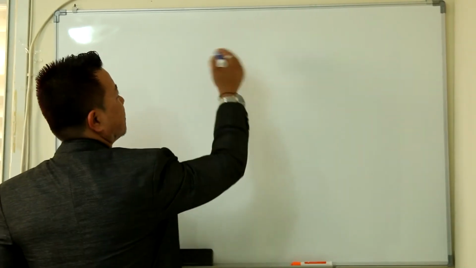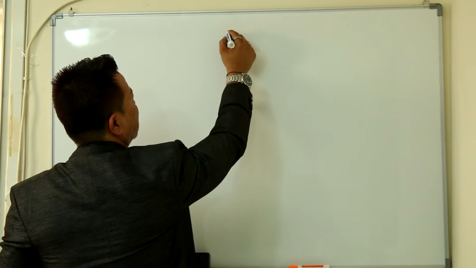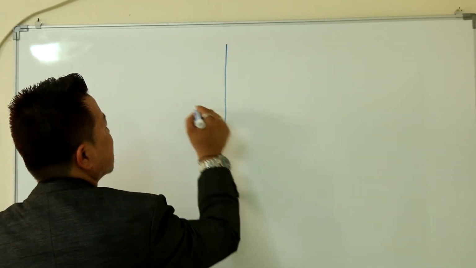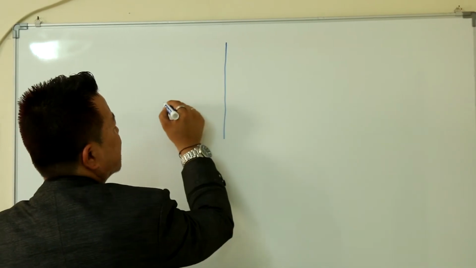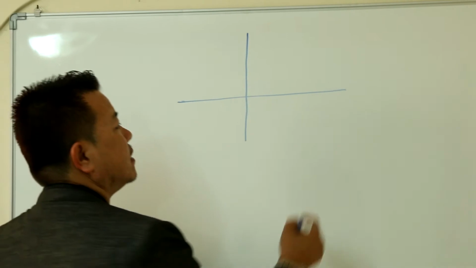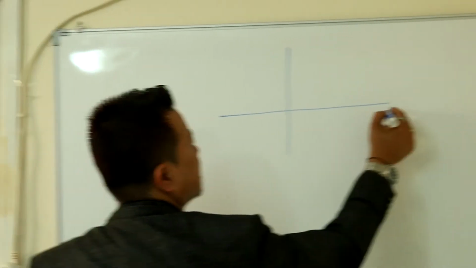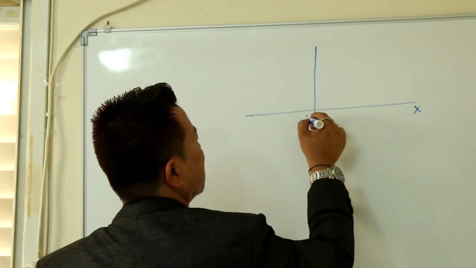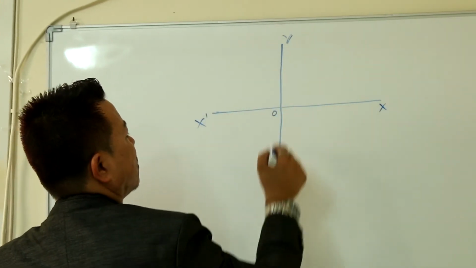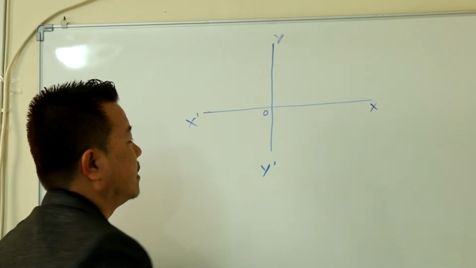So let's make a Cartesian plane. On the Cartesian plane, let's draw a line. Suppose this is the y-axis, sorry, this is the y-axis and this is the x-axis, as you know, the basics of graphs. Let's name it X'OX and this is YOY'.